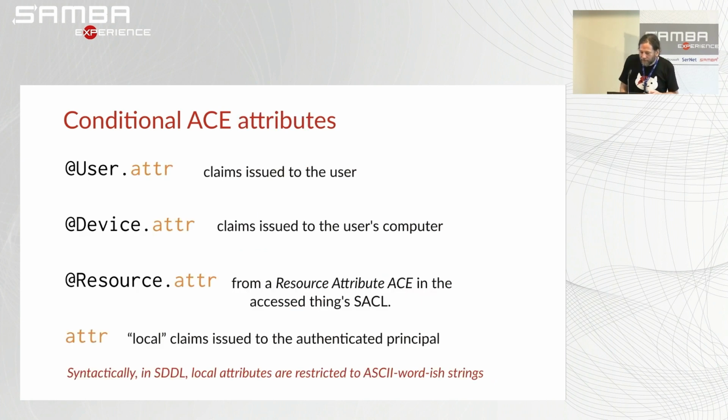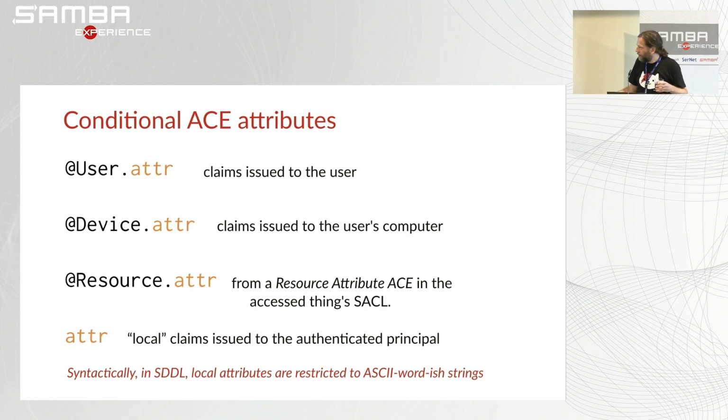Okay, and so the attributes are from claims, which I'll get to, that are issued to the user or the computer, or to a resource. And if they don't have this thing on the front, they're called a local attribute, and that just says the authenticated principal.